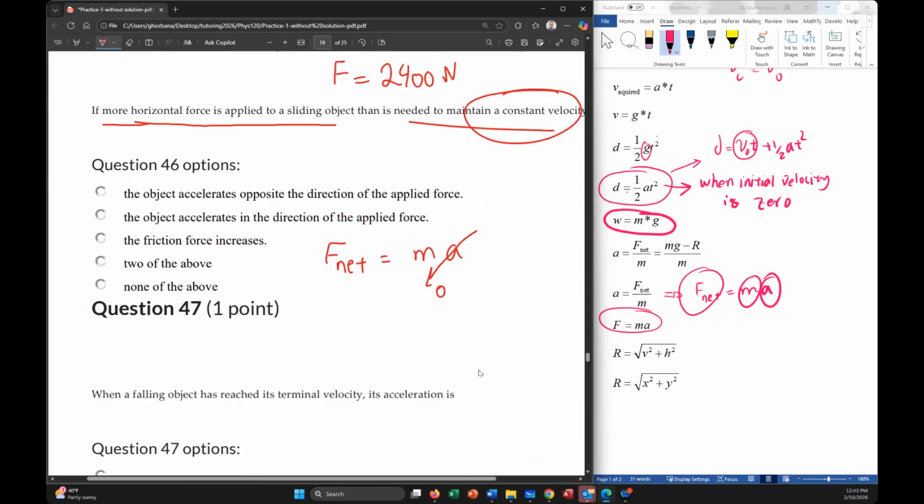If you want to keep the velocity constant, in what direction do you need to accelerate or have force? To have it constant, you'd have to have it on the other side, yes, to maintain a constant velocity. Opposite direction, yes.